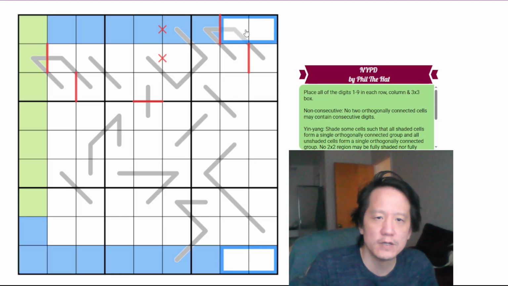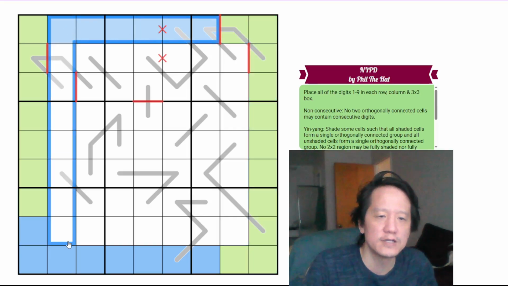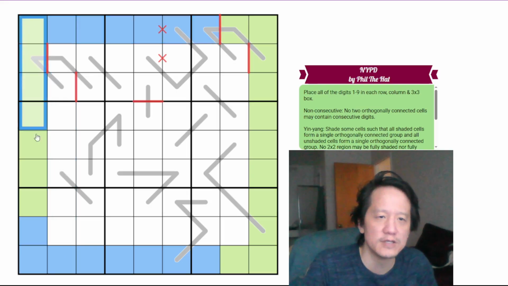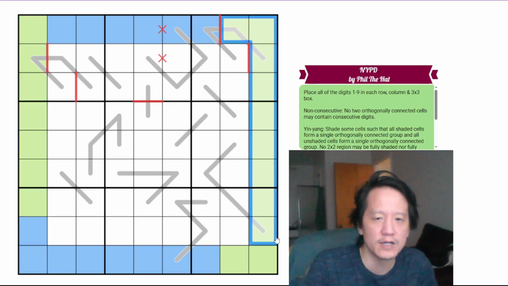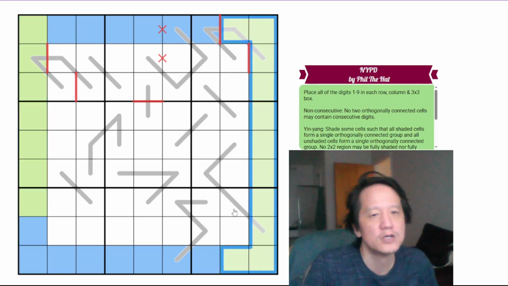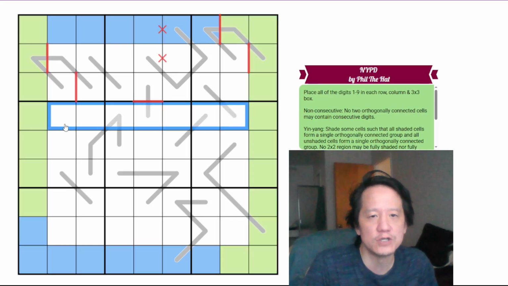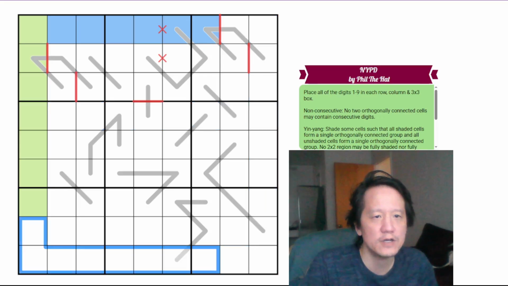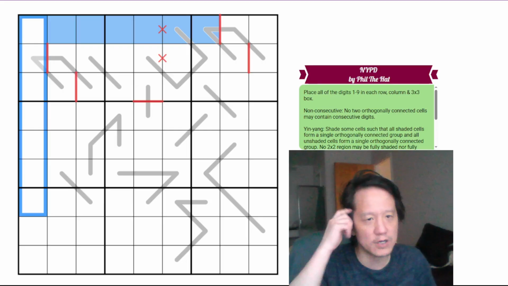That would mean, how does the blue orthogonally connect to each other while still being in the same one continuous region, while still having the green orthogonally connect to each other and still stay in the same region? You can't. That's why you know along the edge of the grid, you can only have 2 swaps in color total.